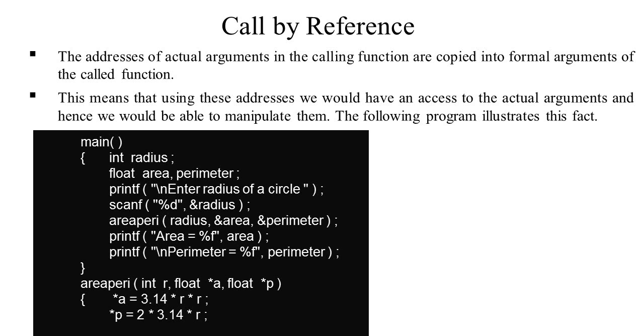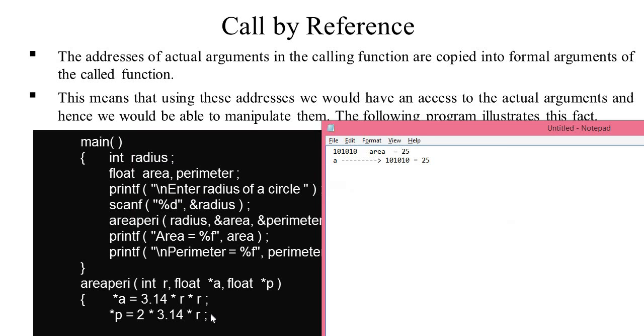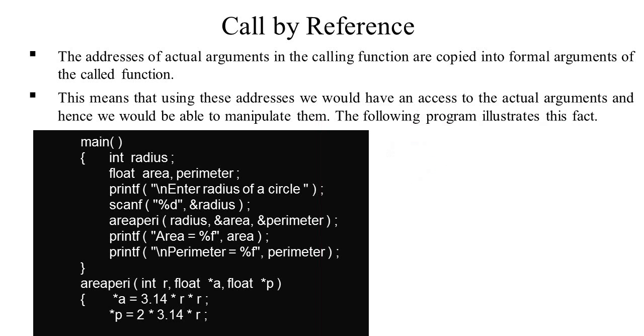That means both this parameter and p refer to the same memory location. So the actual value of the parameter is, I am just taking a random value, let's say 30, and this p also refers to the same memory location. So you can see this area is 25, parameter is 30, and also a points to the memory location whose value is 25. Actually both are the same.